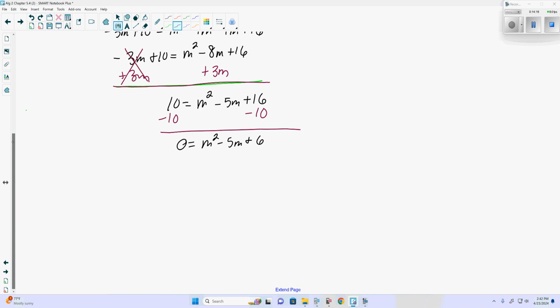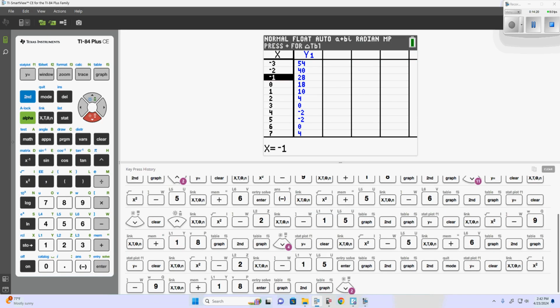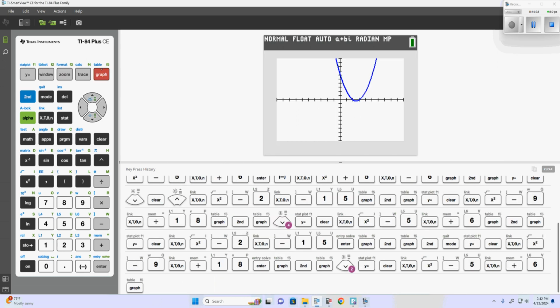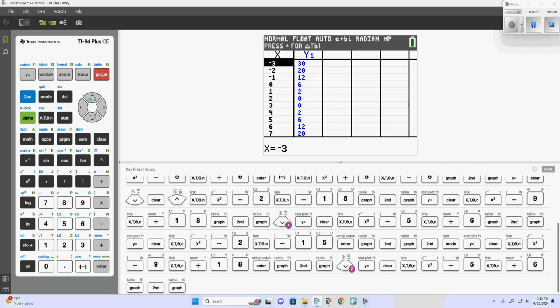We can graph it, we can factor it, we can use the quadratic formula. x squared minus 5x plus 6. And we get two solutions, and our two solutions are 2 and 3.